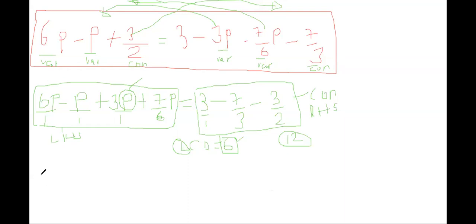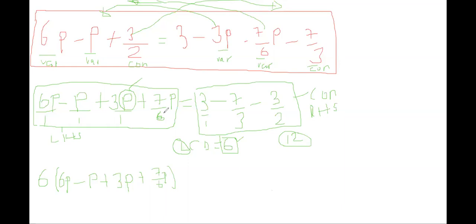So this will be 6 into 6p, this 6p is this one, minus p, plus 3p, plus 7p over 6. What I put in this bracket is just these numbers I brought, because we are multiplying the left side of the equation and the right side of the equation by 6.